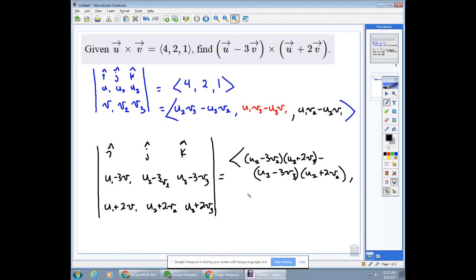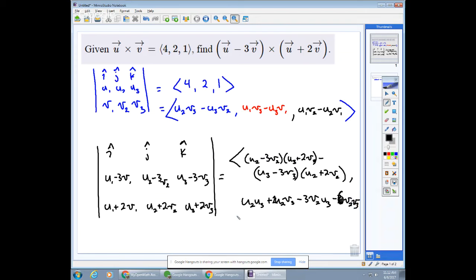Multiplying that out, what do we get? We get U2 U3 plus U2 U2 V3 minus 3V2 U3 minus 6, oops, V2 V3.